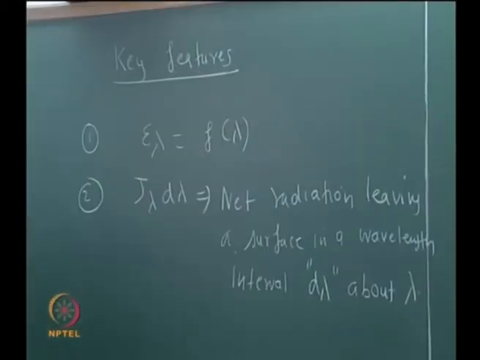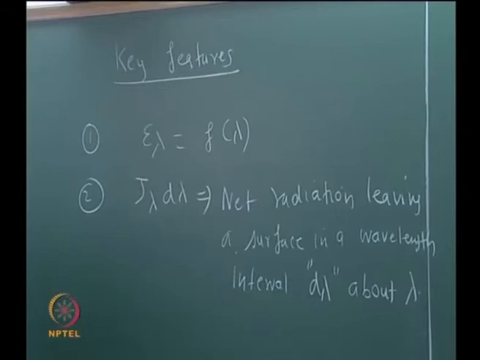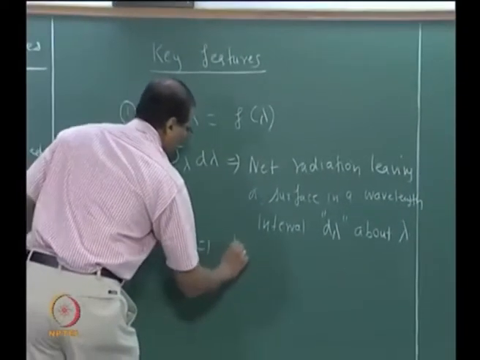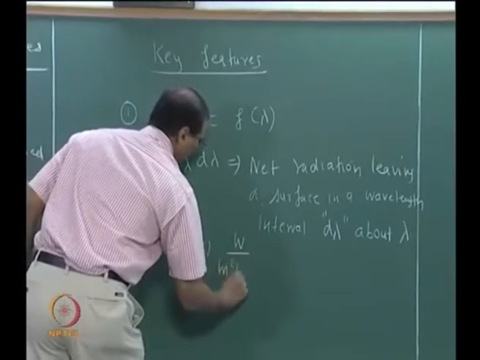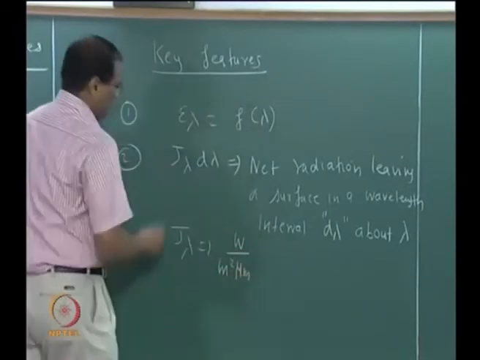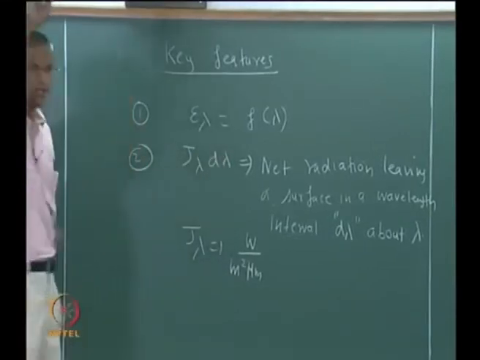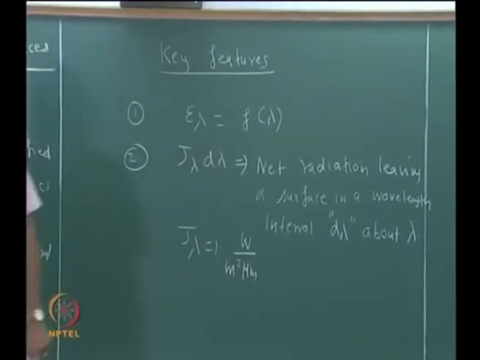What should be the units of j lambda? Watts per meter square per micrometer, so that when it is multiplied by micrometer, you will get watts per meter square, which is the original unit for radiosity.